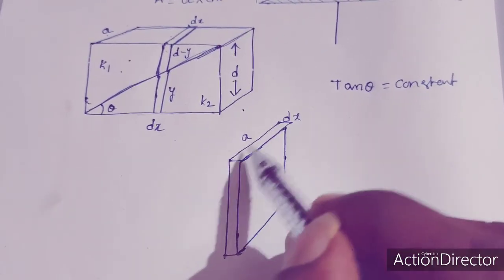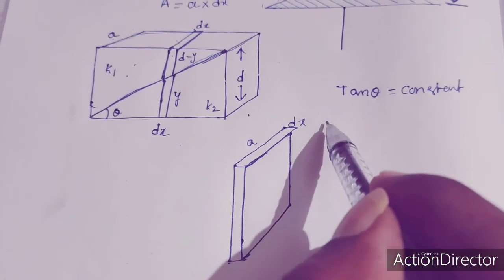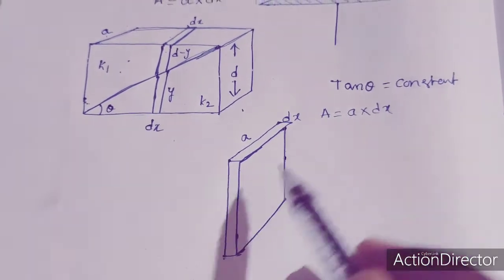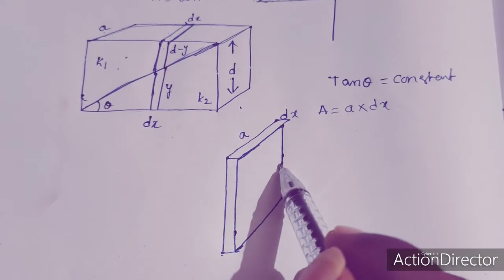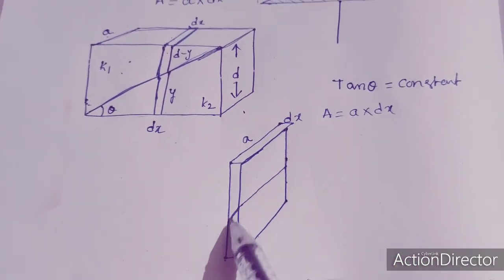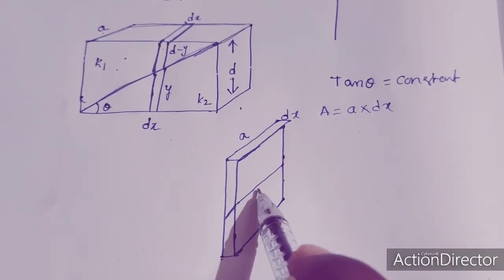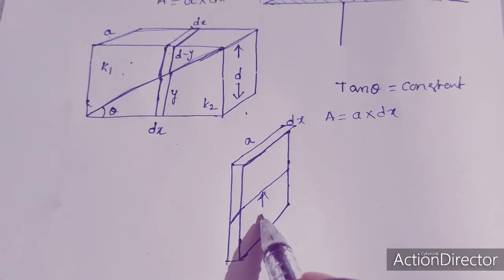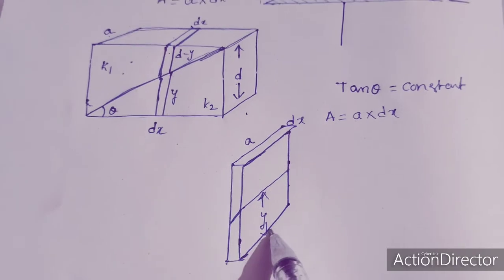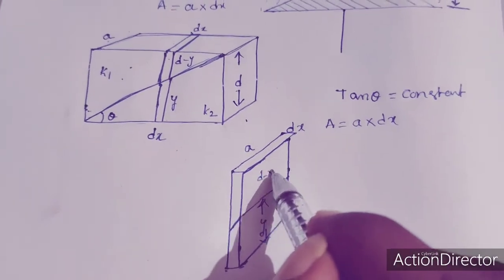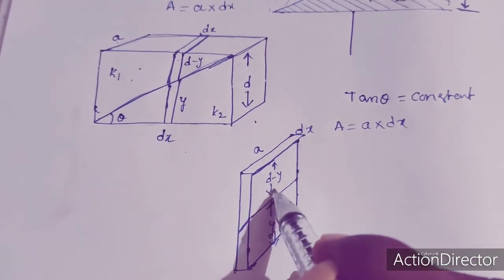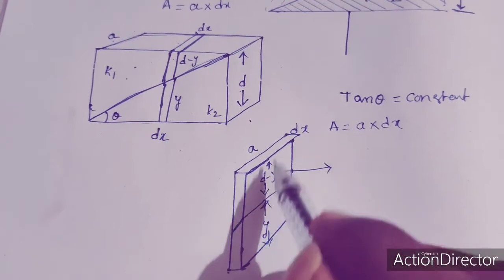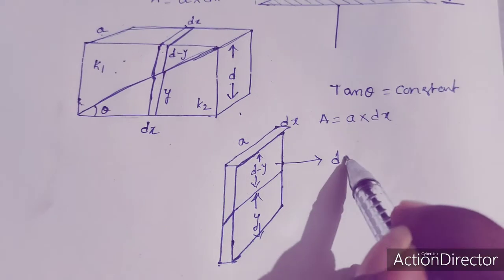One side of this plate is A, so the area is A into dx. How many plates do we consider? Two plates. Now just identify the thickness of the first plate, how much? y. Another one, d minus y. Yes or no? Now find the capacitance for that first dielectric medium, dC1.